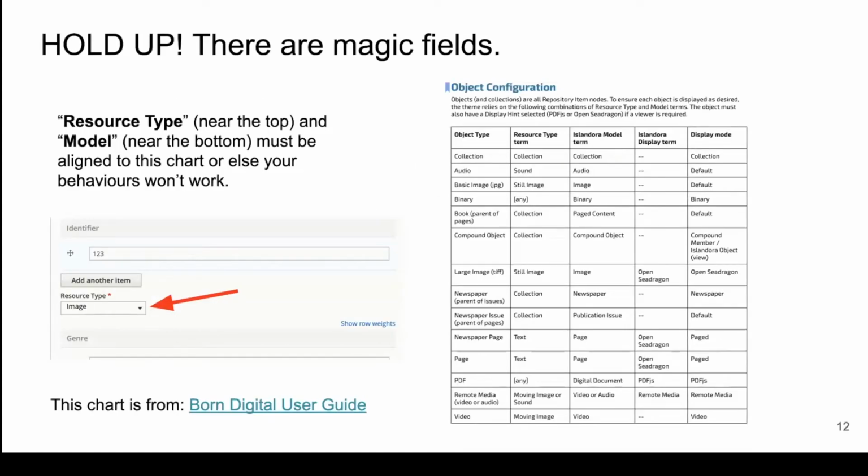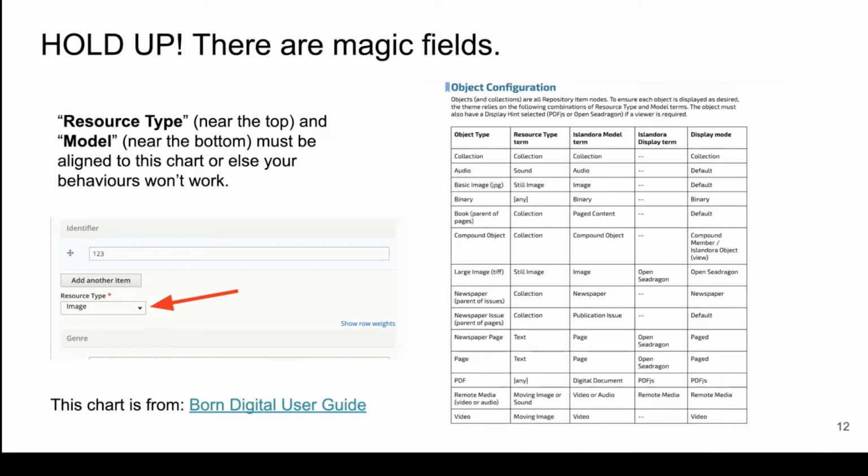Now, the way that the Born Digital install profile is designed to work is according to this chart, which is in the Born Digital user guide for their sites. Essentially, you have to set those two fields and possibly a third field to the appropriate measures in order to get the correct display behavior that you expect.